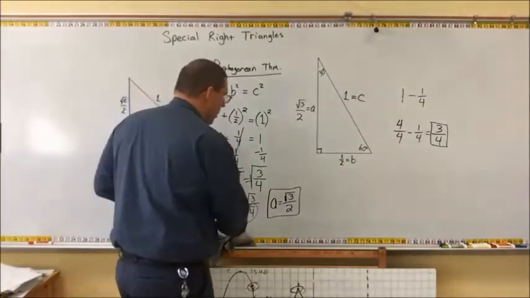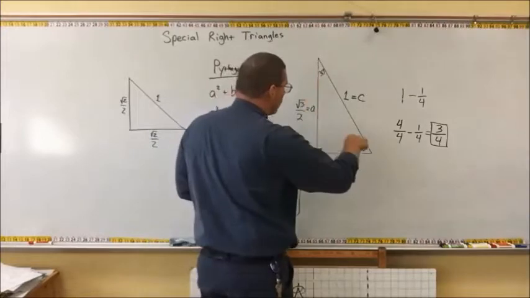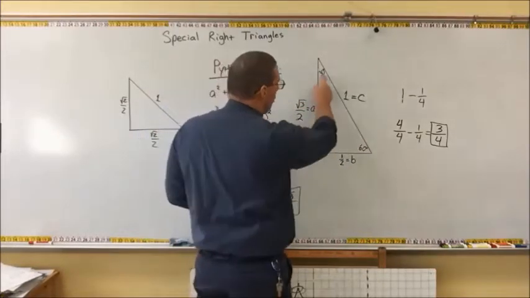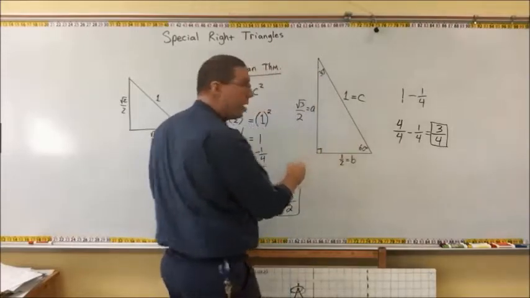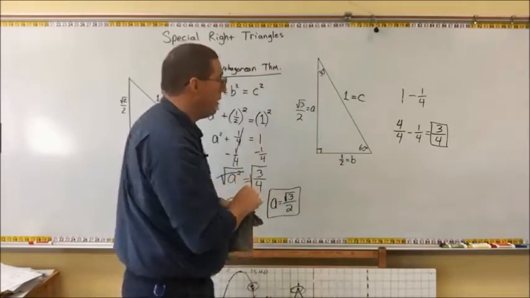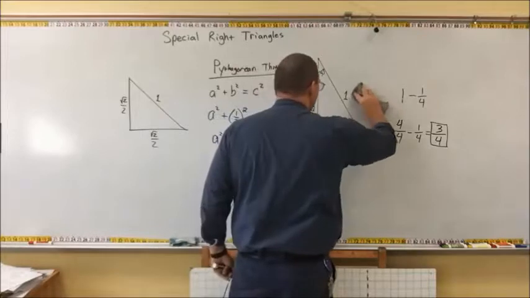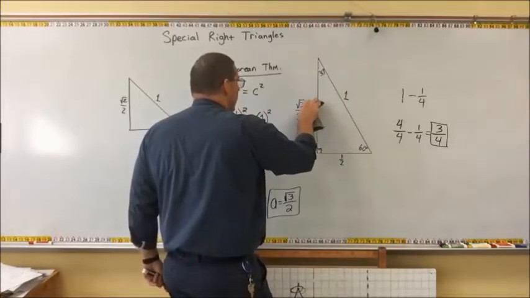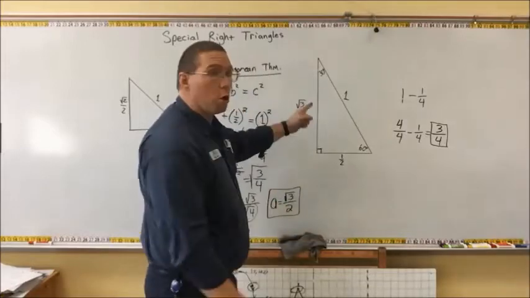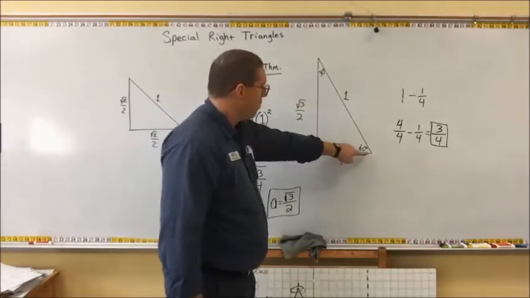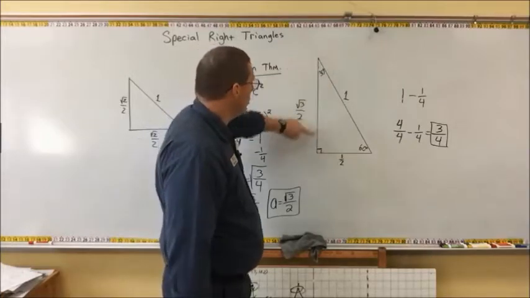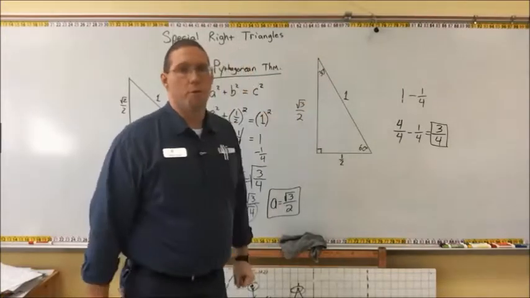Secondly, if you have a special right triangle whose angles are 30, 60, and 90, and the hypotenuse is equal to 1, then the shorter leg is going to be equal to 1/2, and the longer leg is going to be equal to the square root of 3 over 2.